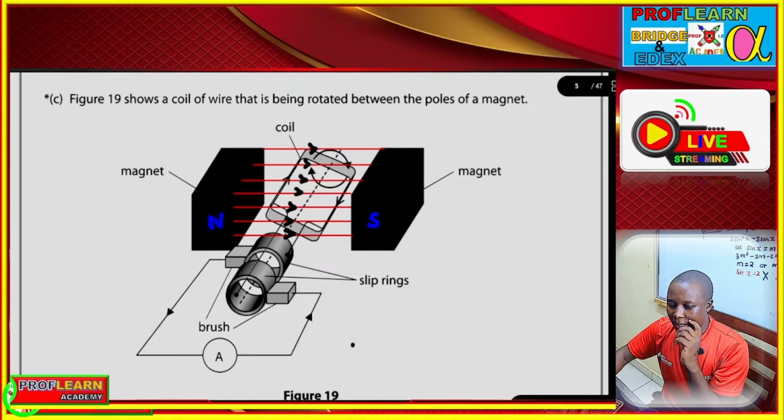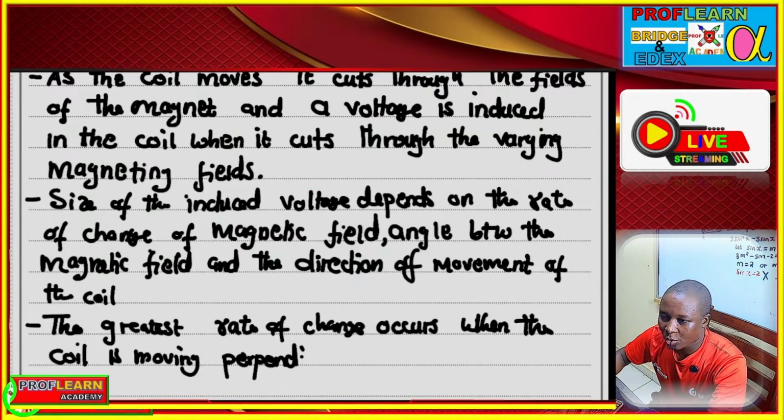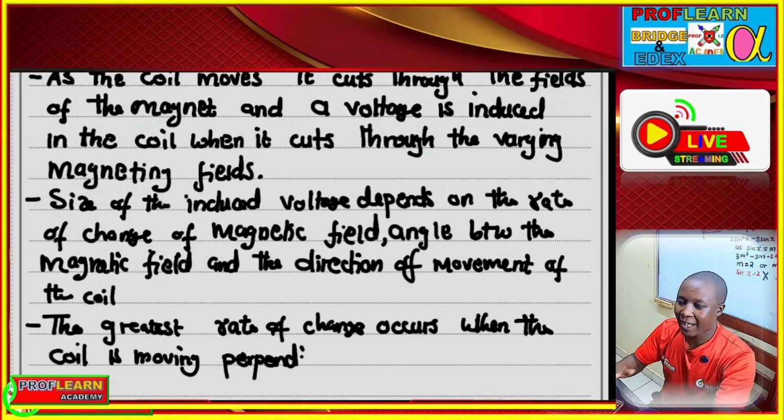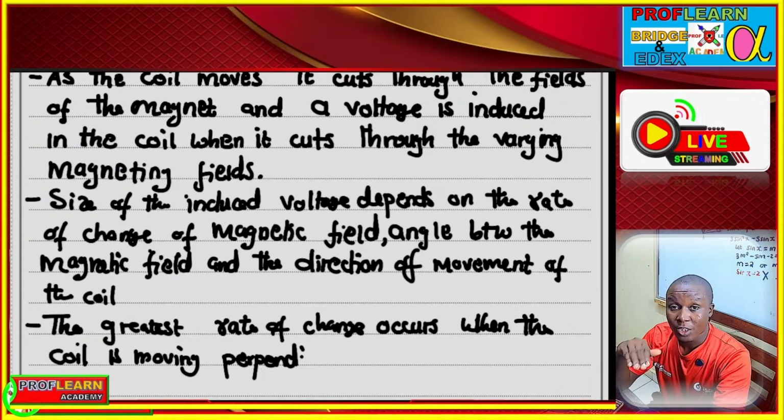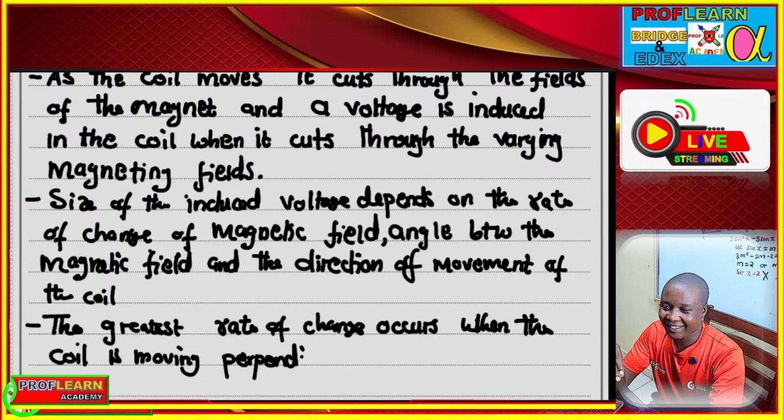So I'm going to write how you are supposed to structure your answer in this case. We are going to say, as the coil moves, it cuts through the fields. As the coil rotates, it cuts through the fields of the permanent magnets, which means that an EMF is going to be induced.